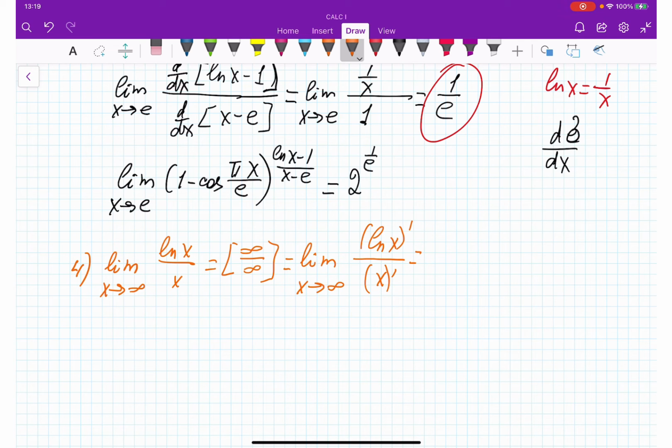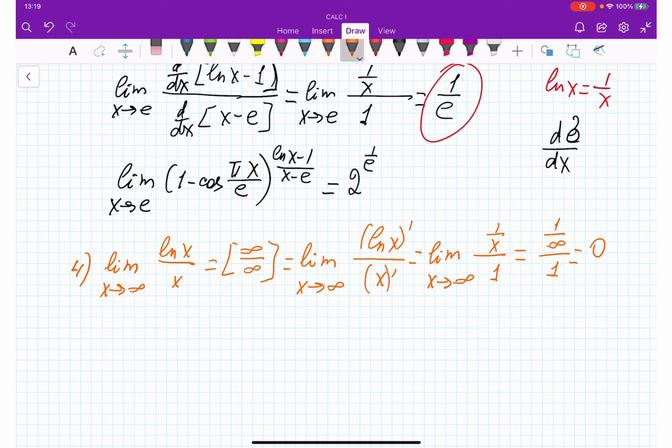The derivative of natural log x is 1 over x, and the derivative of x is 1. So if we plug in infinity, we are going to get 1 over infinity, and here is 1. So 1 divided by infinity, we get 0. And that is going to be our answer.